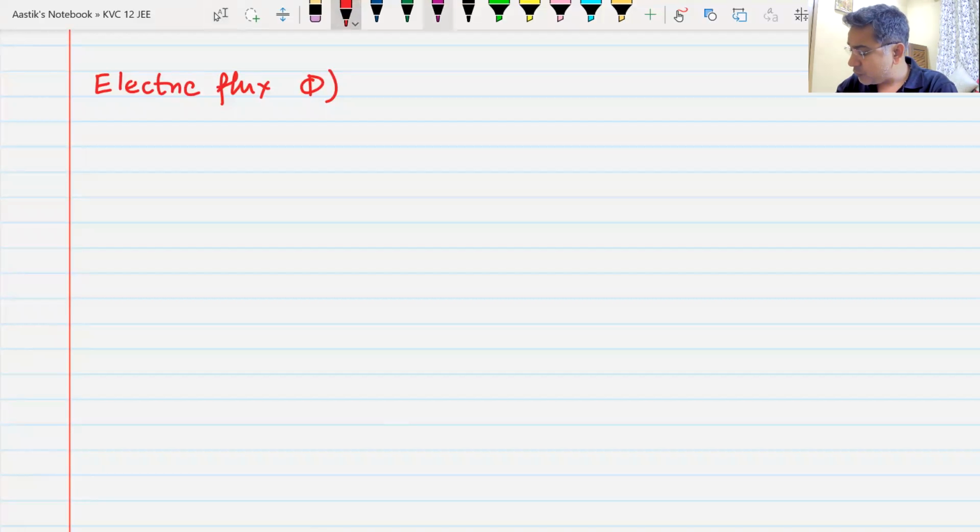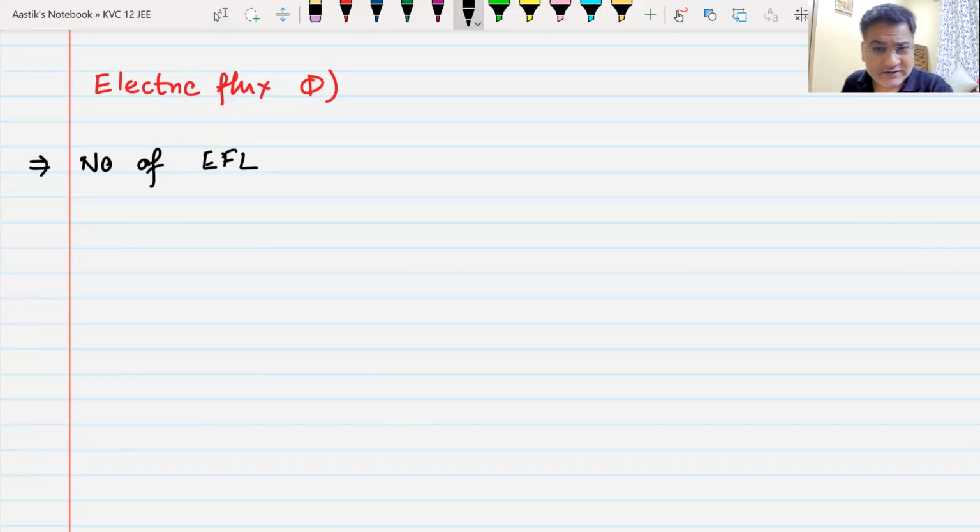It is the number of electric lines of force, or I can say electric field lines, or lines of electric force, crossing the area in a direction perpendicular to it. What do you mean by a direction perpendicular to it?